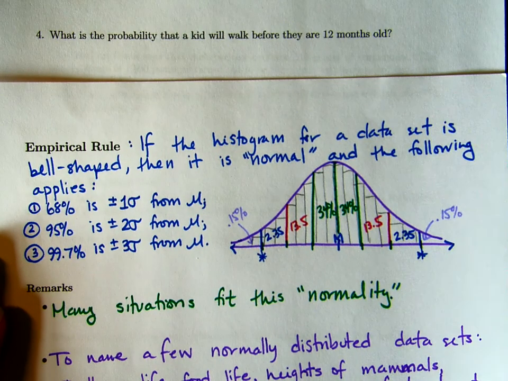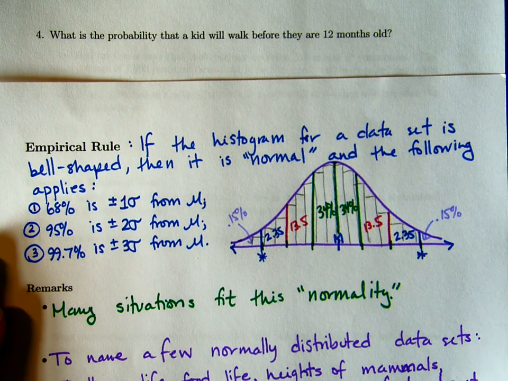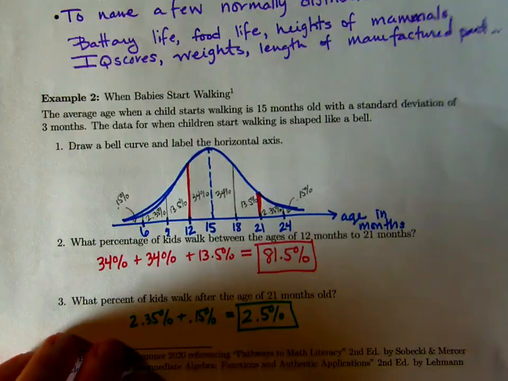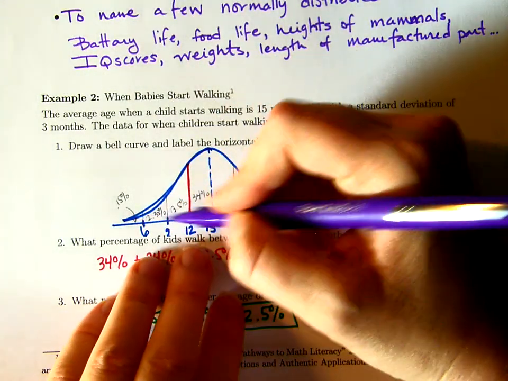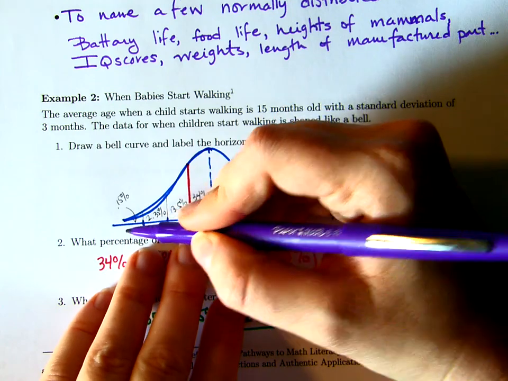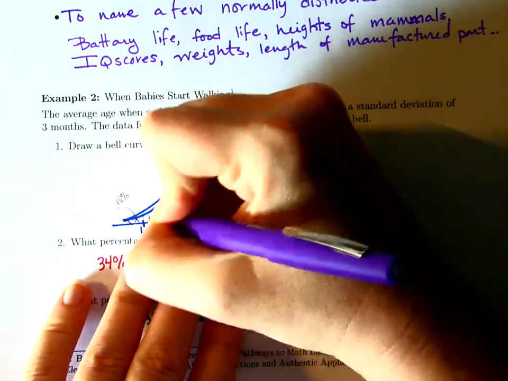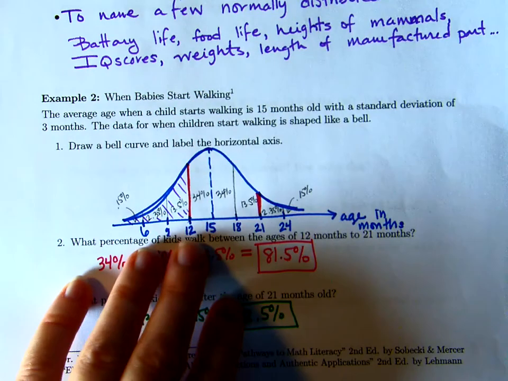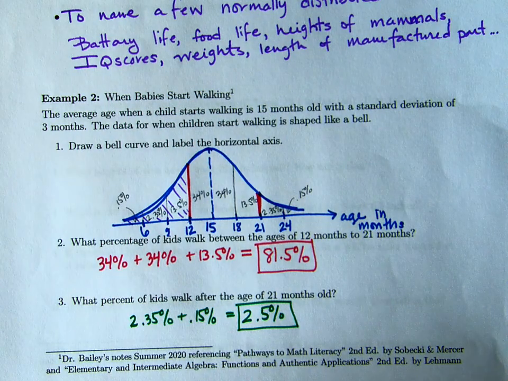We are looking for what is the probability that a kid will walk before they are 12 months old? Okay, so before 12, that's 12 months old or younger. That's over here. Okay, all of this. All right, well, we're just going to write that as a percentage again.